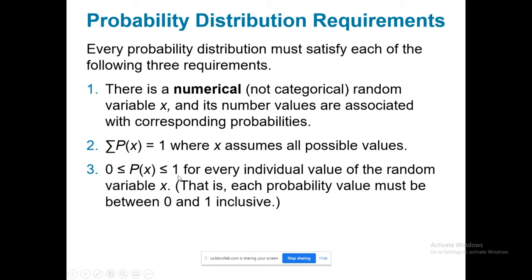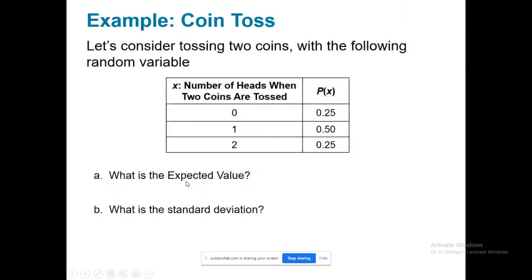And the third condition is that each individual random variable must have a probability between 0 and 1. Okay, so here are just three conditions about any probability distribution.